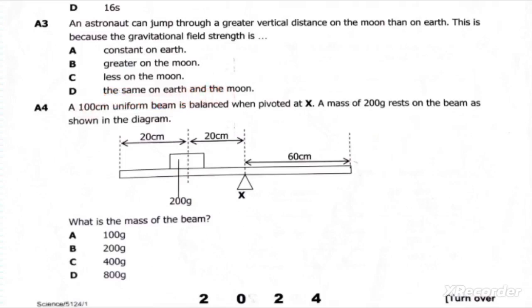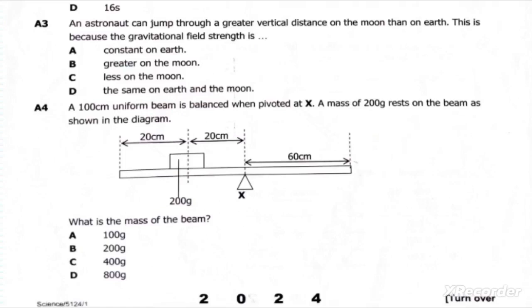Okay, so we need to remember that gravitational acceleration is different on Earth and moon. The gravitational acceleration of the Earth is 10 meters per second squared, and the gravitational acceleration of the moon is 1.67 meters per second squared. So we have seen that the gravitational acceleration of the moon is smaller than that of the Earth.